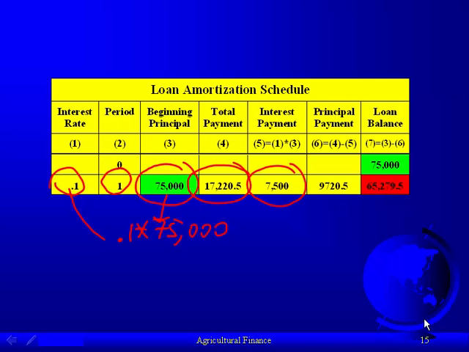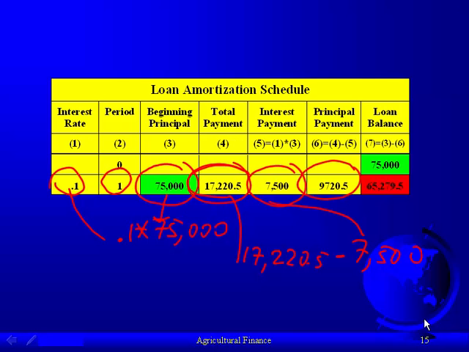Now let's go to column 6. What we're doing is taking the total payment, which is $17,220.50, and subtracting out the interest, which is $7,500. And what's that difference?